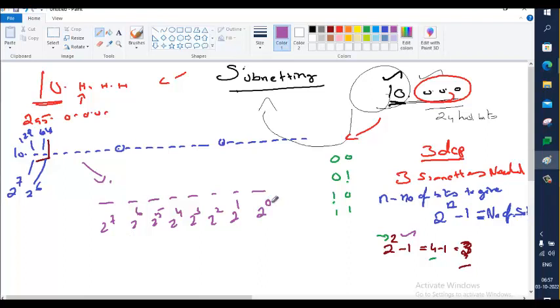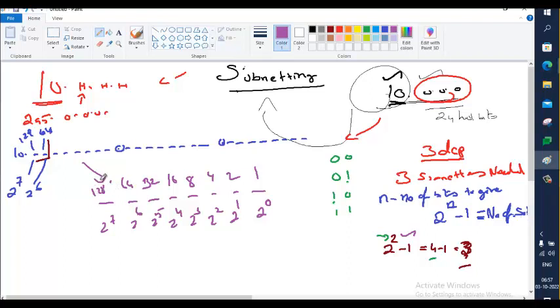Anything to the power of 0 is 1. 2 to the power of 1 is 2. 2 to the power of 2 is 4. 2 to the power of 3 means 2 into 2 into 2, which is 8. Likewise, 2 to the power of 4 is 16, 2 to the power of 5 is 32, 2 to the power of 6 is 64, and 2 to the power of 7 is 128.